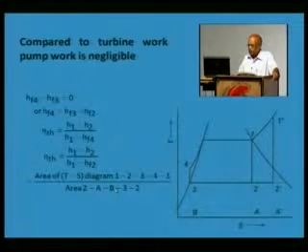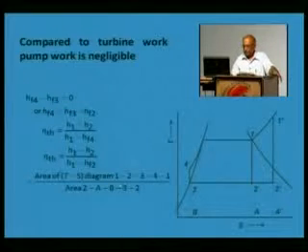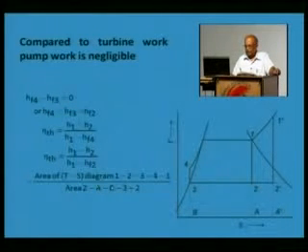On the slide, there is a slight mistake. It says area of TS diagram 1 2 3 4 1 divided by area 1 A B 3 1.